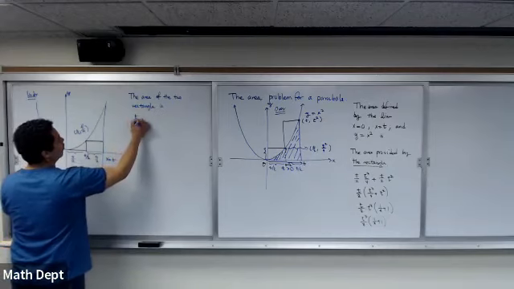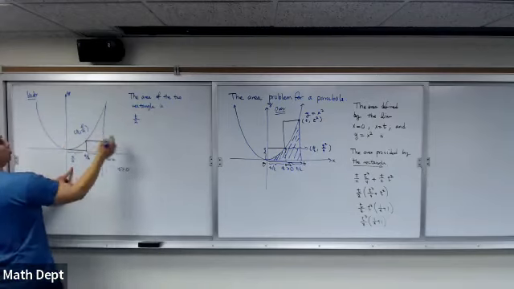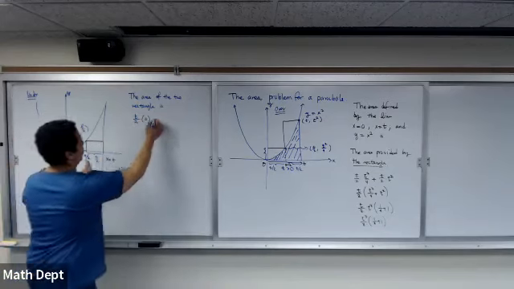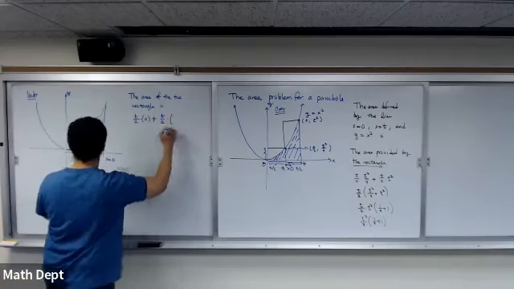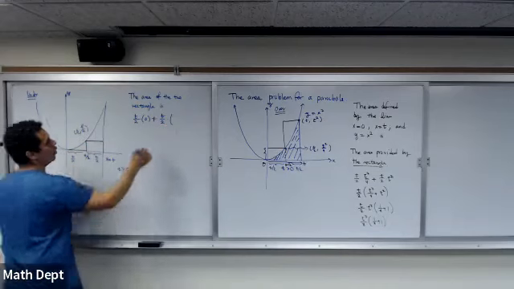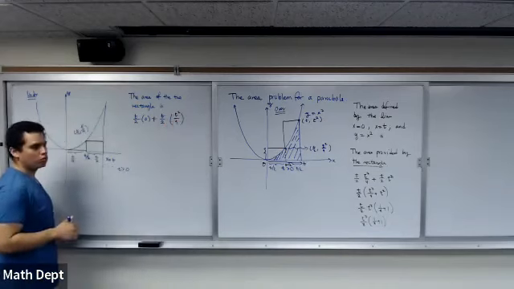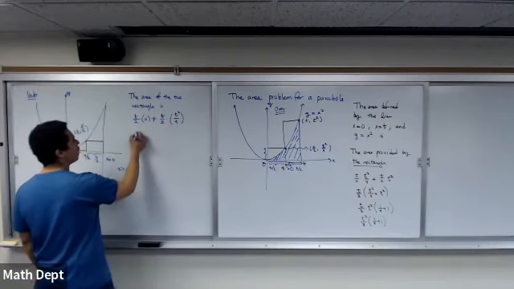So this is t over 2 times, well, times 0. That's the height of this. Plus, well, t over 2 times, well, the height of this one, t squared over 4. Okay. This is what I have now.